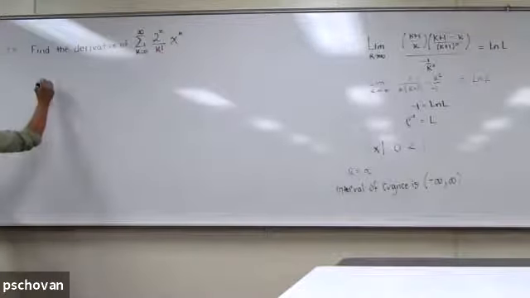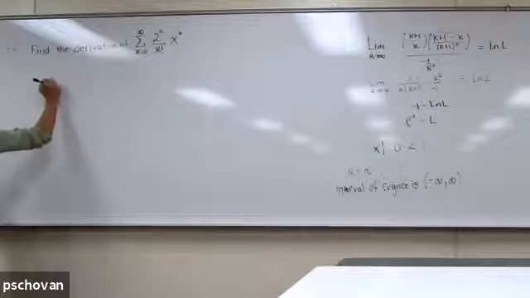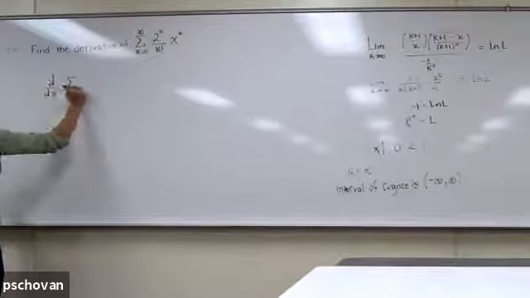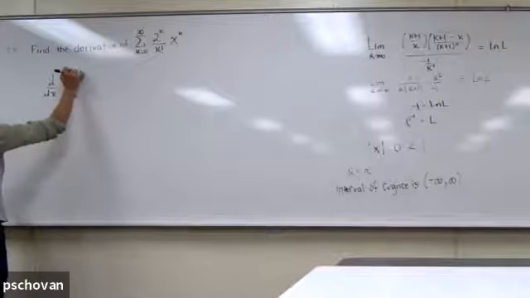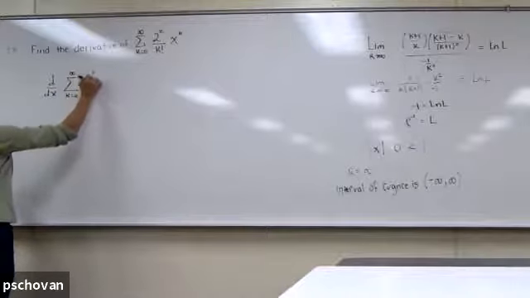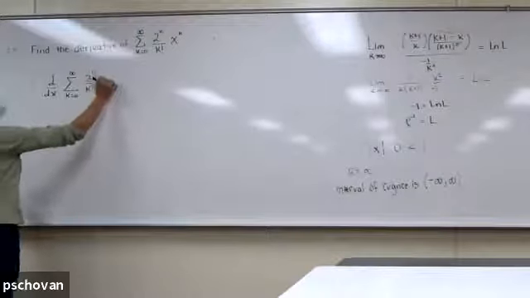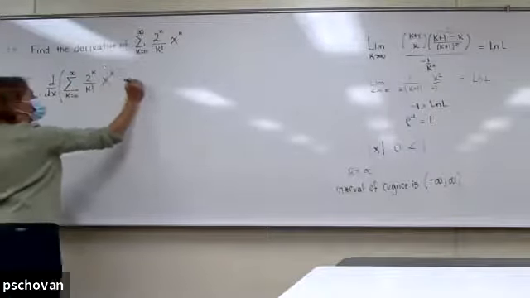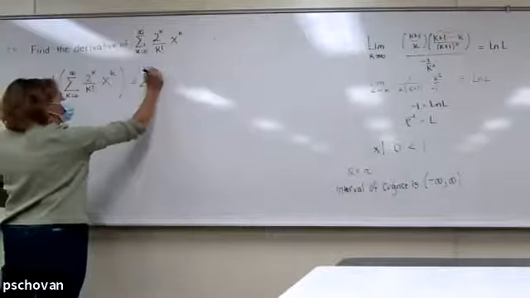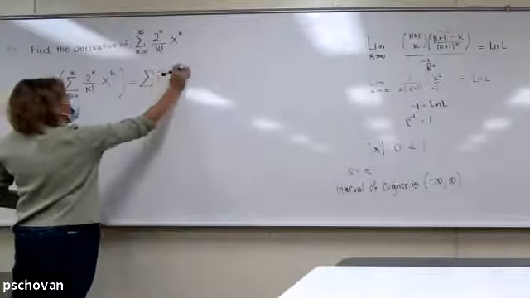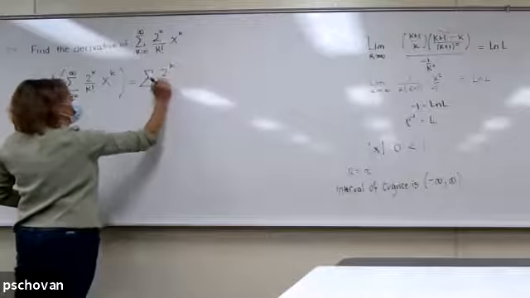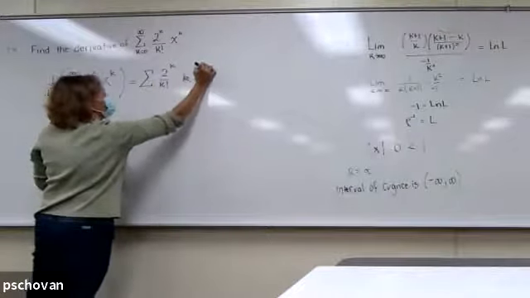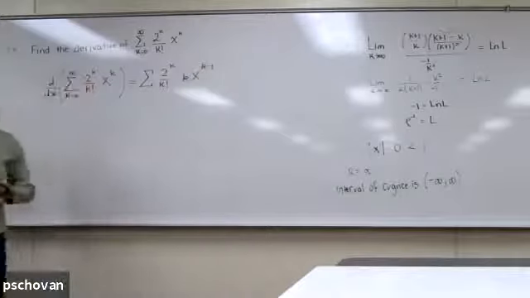So let me just write it out like this, the derivative with respect to x of this thing is equal to term by term differentiation, k x to the k minus 1.